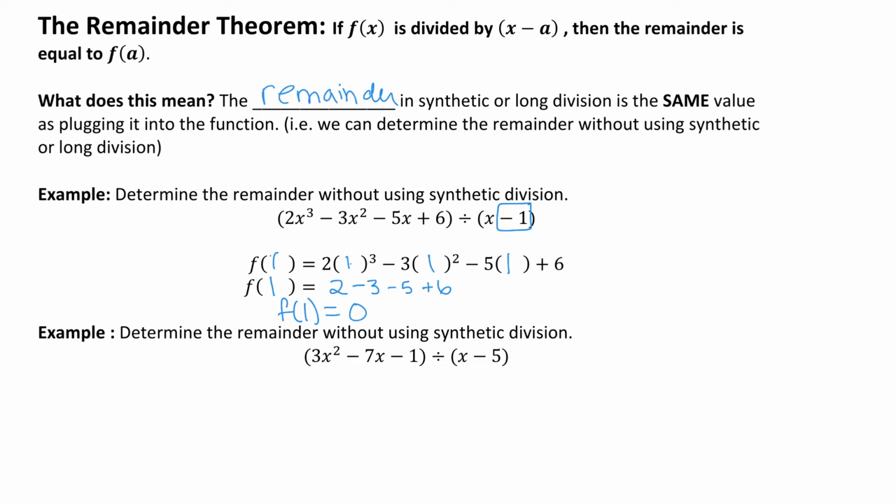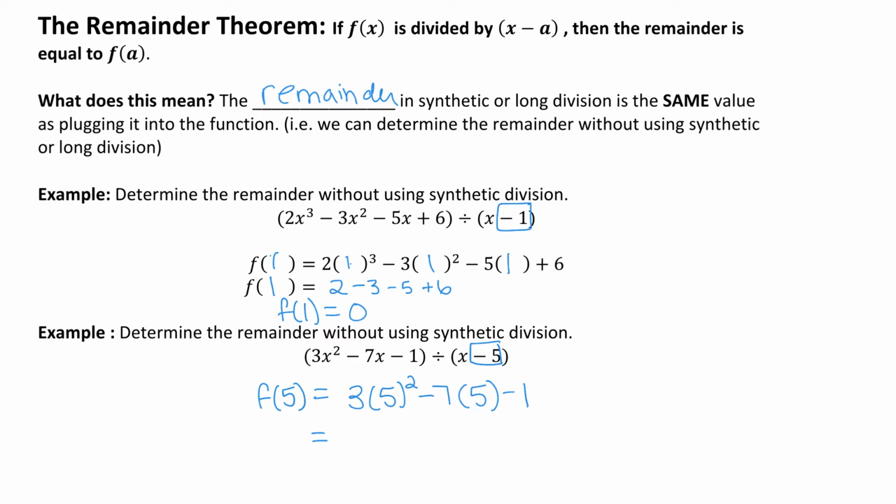So let's look at another one. Determine the remainder without using synthetic division. So again, we're going to take this opposite, and we're going to evaluate it for that number. So f of 5. So we're going to take 3 times 5 squared, we're plugging it in for x, minus 7 times 5 minus 1. So what would that equal?